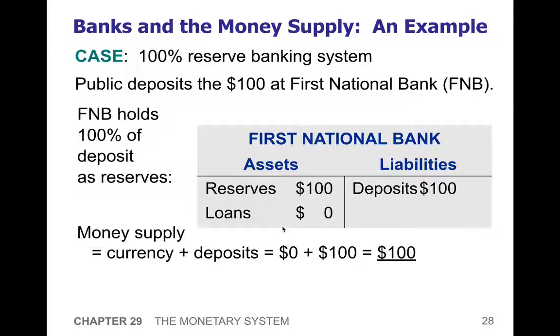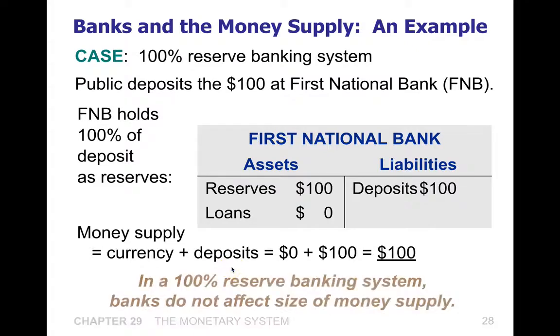So in this particular 100% reserve system, the money supply would stay $100. They are not actually loaning money to anybody. Remember, if you get a loan or a credit card, that's you getting credit from the bank, and they're going to issue you more money than what you have in cash. But because 100% reserve systems do not issue credit, a 100% reserve banking system cannot affect the size of the money supply.